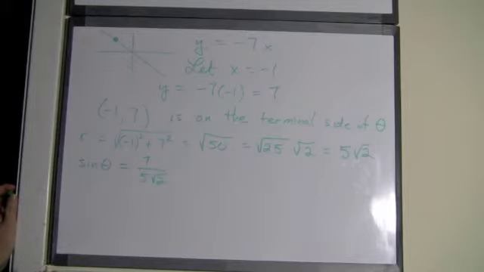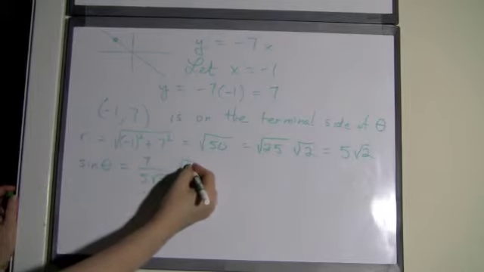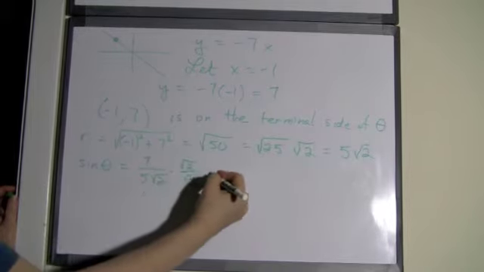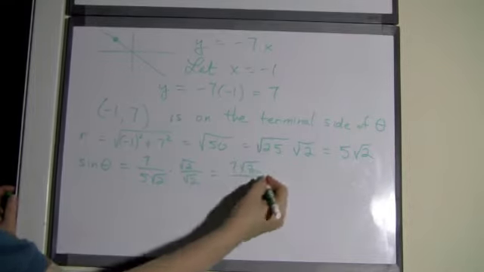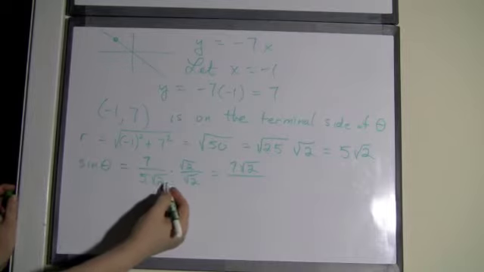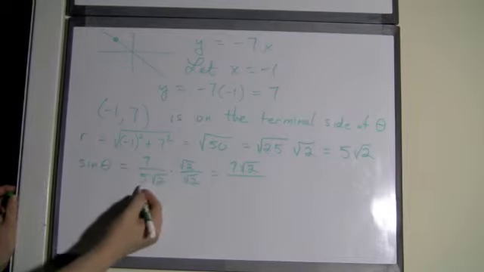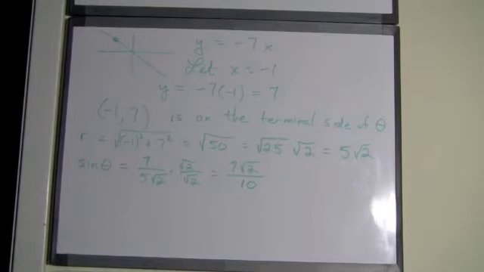To rationalize that denominator, we multiply by a well-chosen 1, square root 2 over square root 2, which gives us 7 square root 2 over 2 times 5, which is 10. So sine of theta is 7 square root of 2 over 10.